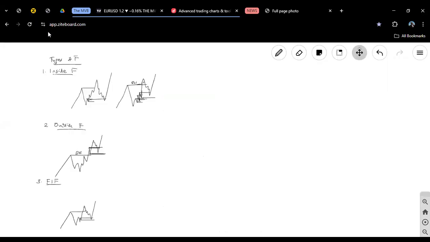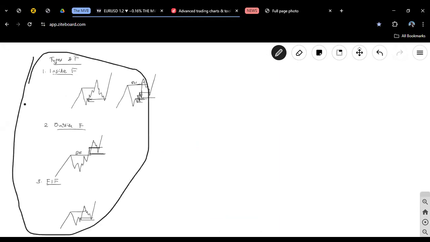But I'm going to give you one assignment. You just go and mark formations for me, and I need 15 examples. Actually, just 10 examples. You can find any examples of the types that we have learned, and screenshot that example.